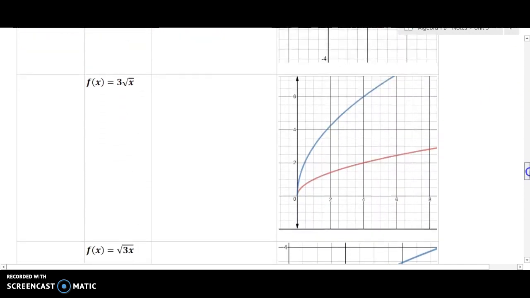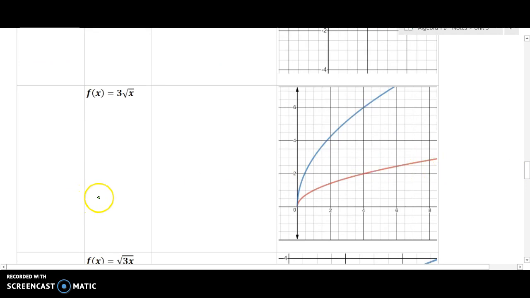When I have the function f of x equals 3 times the square root of x, we see that our blue graph is a stretch. So we call this a stretch graph. And we can see that it's getting larger by quite a bit because it's outside of that radical. So it is stretching larger.